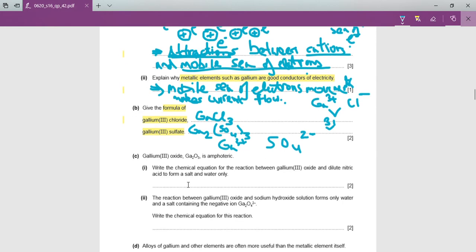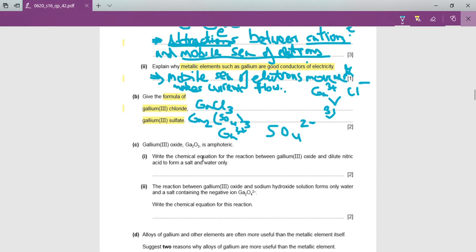So the next part is you have to write the chemical equation between gallium 3 oxide and dilute nitric acid to form a salt and water only. So it's basically a neutralization reaction from what you can see. You get Ga2O3 and nitric acid, which is HNO3, giving you a salt which I predict should be gallium nitrate, because it is gallium oxide and nitric acid.